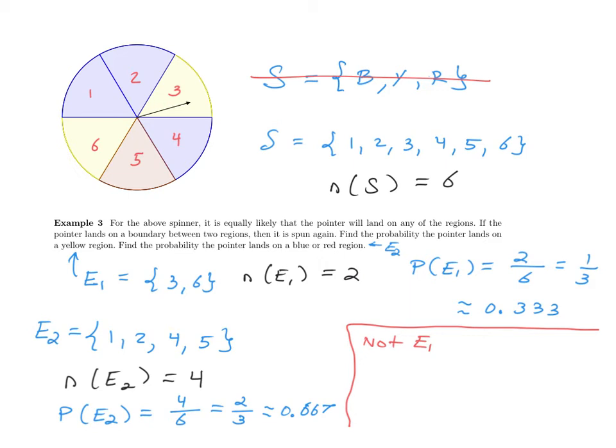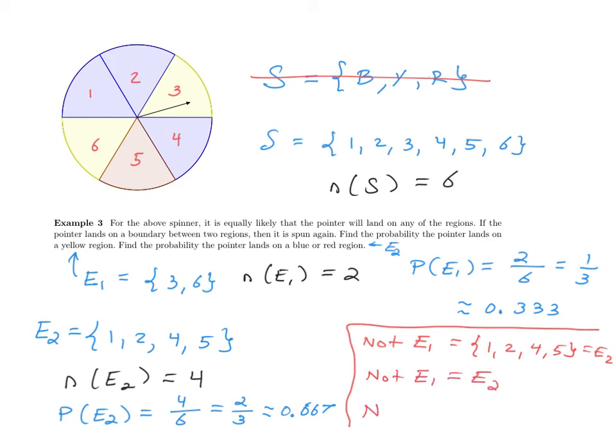What does that mean, though, if you're trying to define that event? So if this didn't happen, well, that would mean you could have event 1, 2, 4, or 5. And what do you know? That's actually equal to event E2. So not E1, the way we've defined things here, is E2.